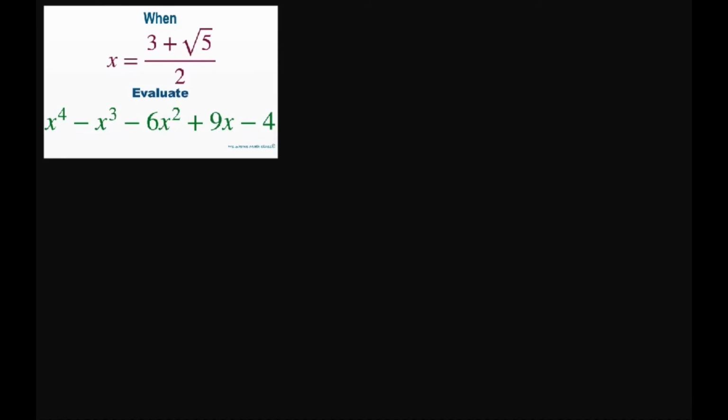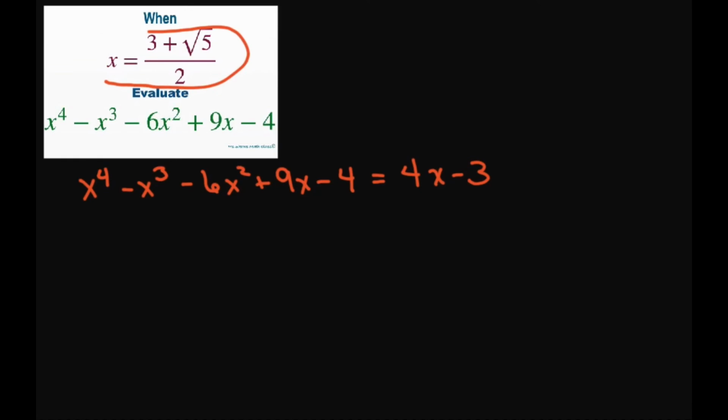We have x to the power of 4 minus x cubed minus 6x squared plus 9x minus 4. That's just going to equal my remainder of 4x minus 3. And of course, this is all when our x equals this.